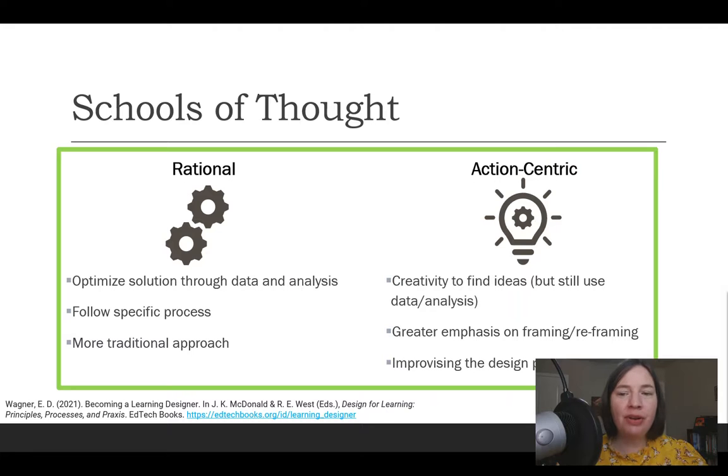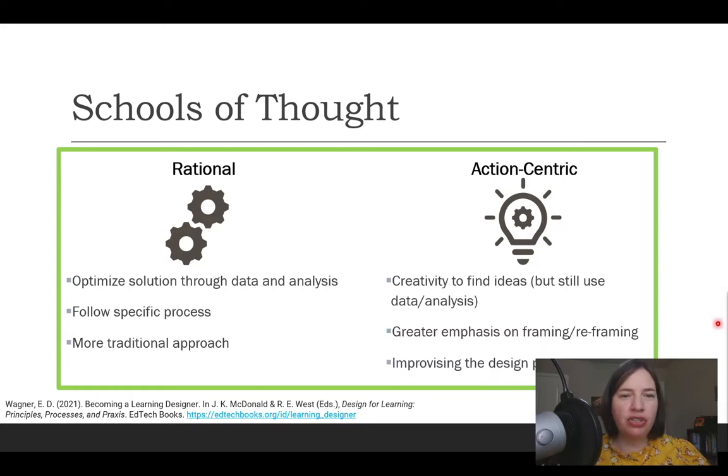And also remember, we talked about two schools of thought in instructional design, where we have this rational approach, this very methodical, and then this action-centric, which is more about creativity and finding new ideas and a lot more improvising the design process. And that's what allows us usually to frame and reframe more. So watch for that.